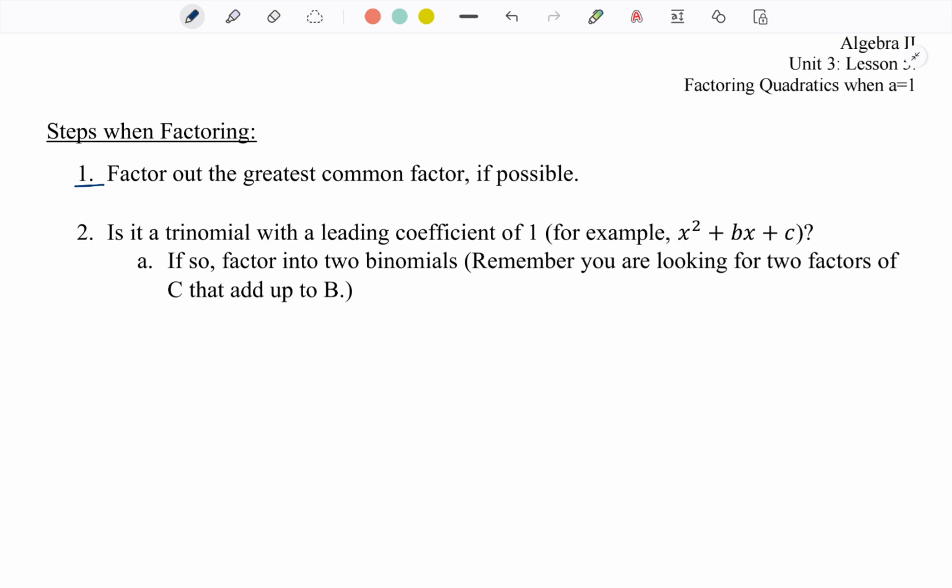And remember that you're looking for two factors that multiply to be c and add up to be b. We will, of course, be adding more steps to this as we go. But for now, these are the two main steps that you need. And of course, if you need your signs to help you, you can go back to the more specific instructions that we had for getting our signs broken down that were at the beginning of the notes.